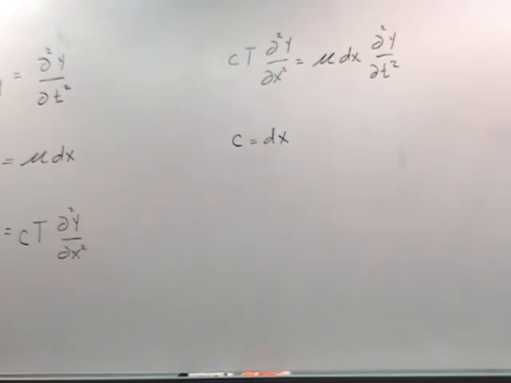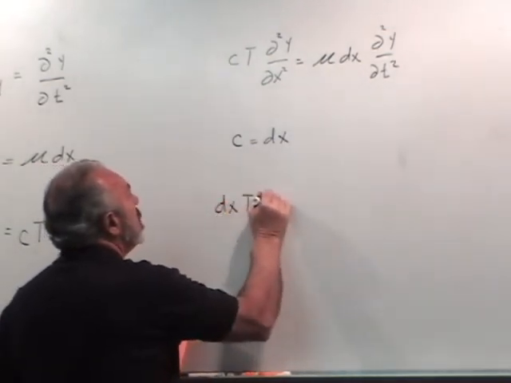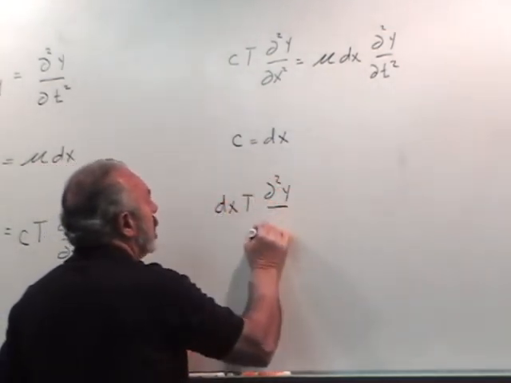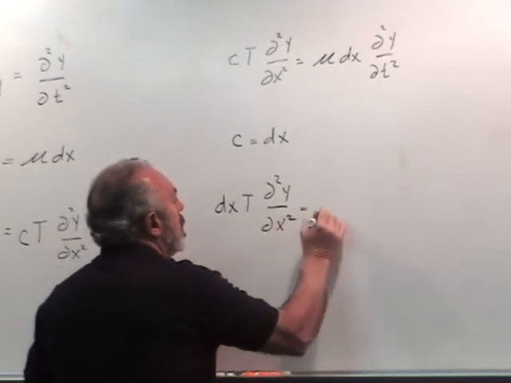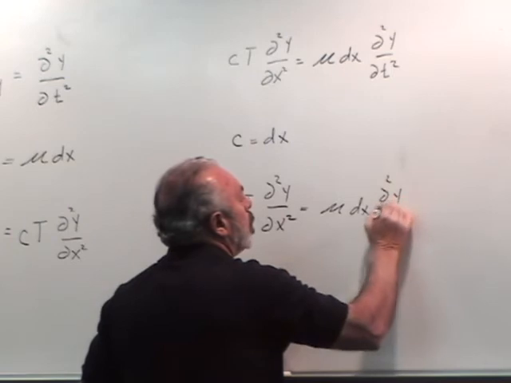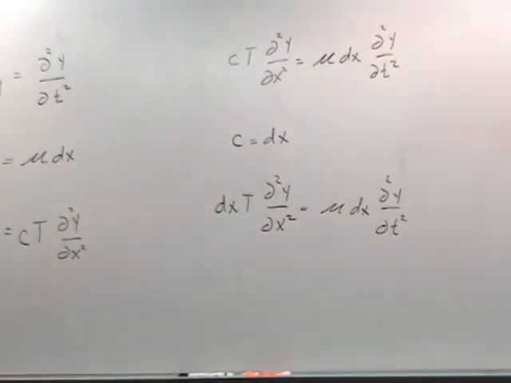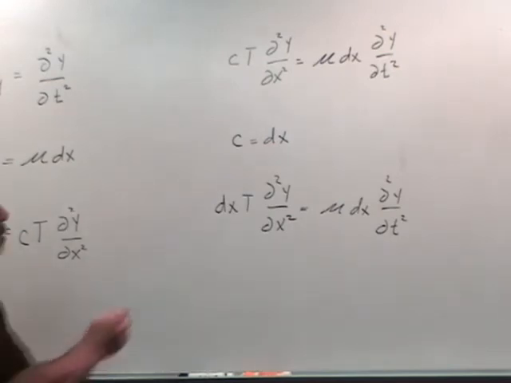The constant of proportionality is simply going to be dx. And if so, then you see immediately dx T d squared y dx squared equals mu dx d squared y dt squared. That immediately you can see that the dx drops out.